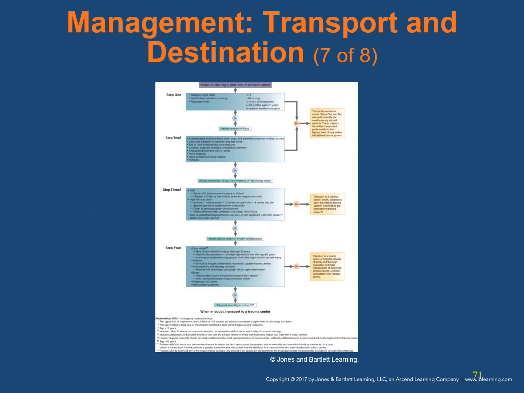In 2001, the ACS-COT and the CDC published an updated field triage decision scheme. These criteria are intended to help pre-hospital care providers recognize injured patients who are likely to benefit from transport to a trauma center compared with transport to an emergency department.